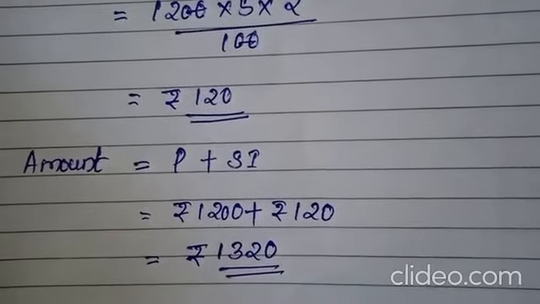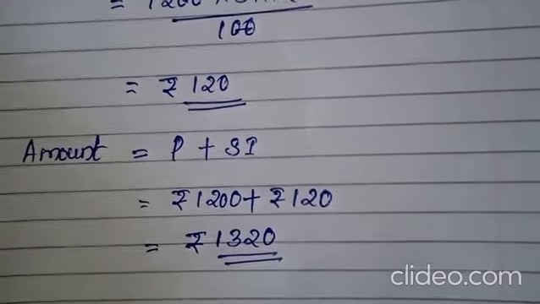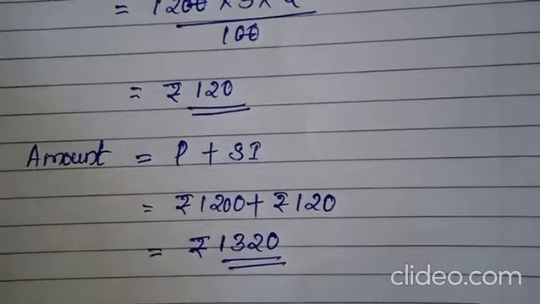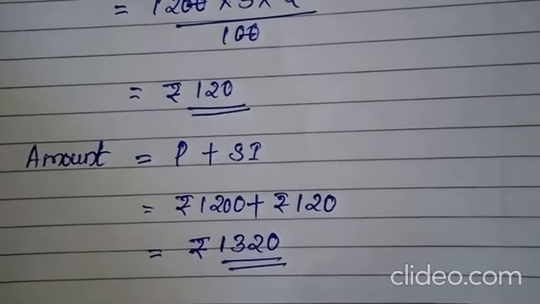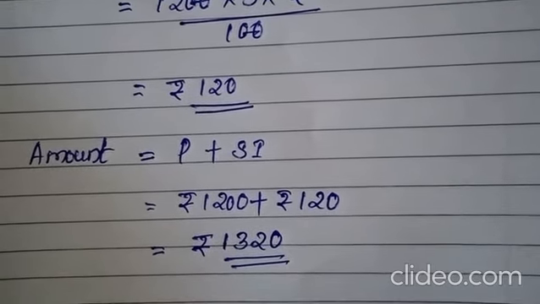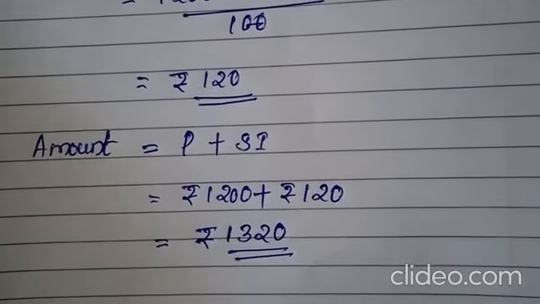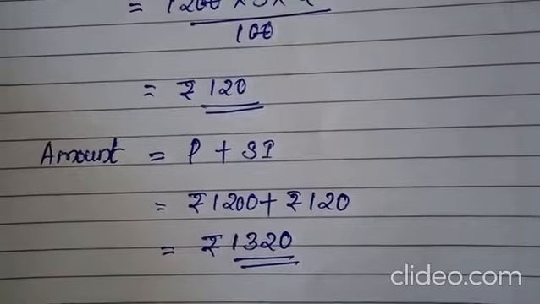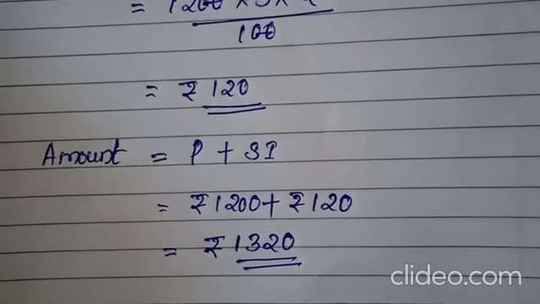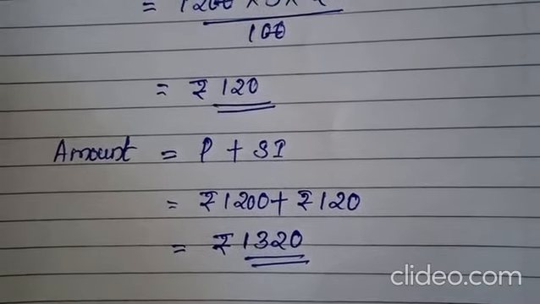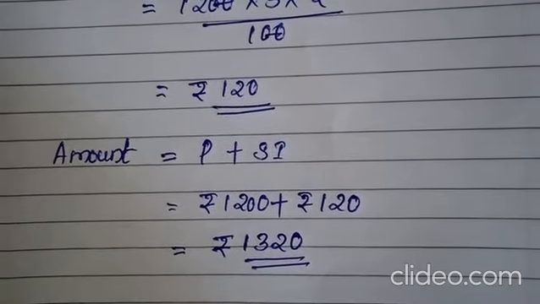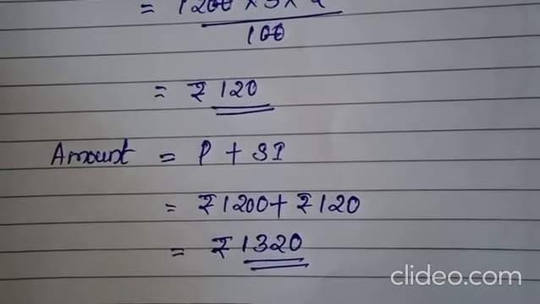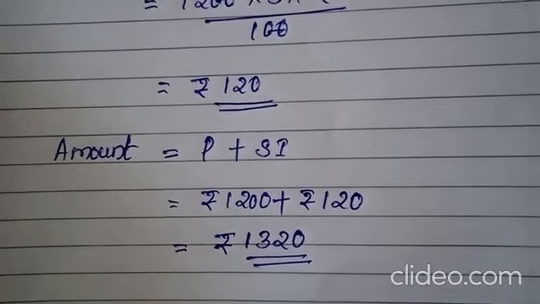This is the answer. Understood? So in this case, first we find simple interest, that is P into R into T by 100. Then we got rupees 120. Then they ask another sub question, find the amount also. Amount is equal to principal plus simple interest. Understood?